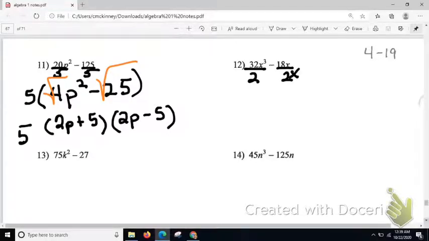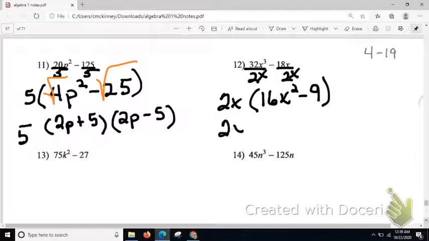So their greatest common factor is not just 2, it's 2x. That 2x, the greatest common factor, is going to be on the outside. Divide by that and it would be 16x squared minus 9. No x, right? Because those x's would cancel out. 2x stays on the outside.